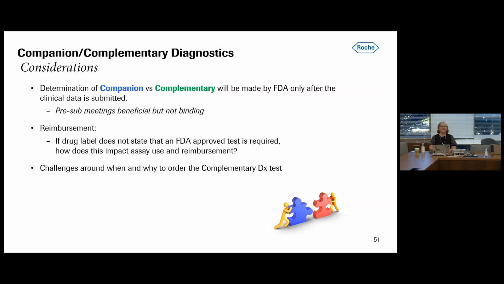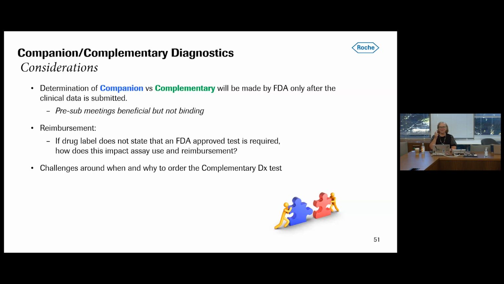Or as Priti said, some countries may utilize any diagnostic test to take a complementary and turn it into a companion from the aspect of reimbursement. So these are all things more just food for thought for you as you process this whole topic. So yes, there are many challenges around when and why a physician would order a complementary diagnostic test.